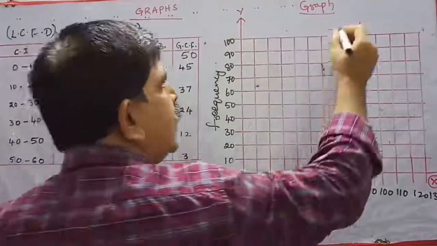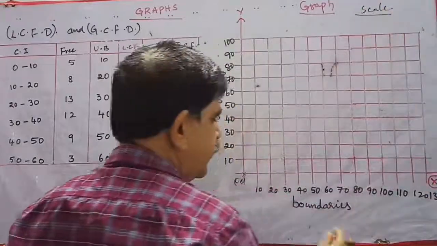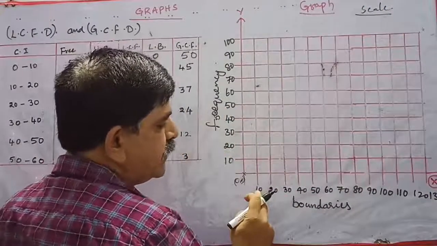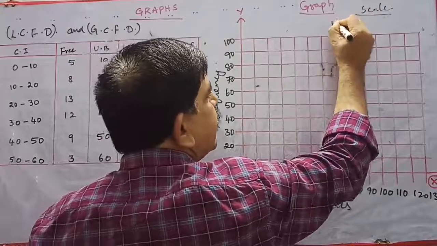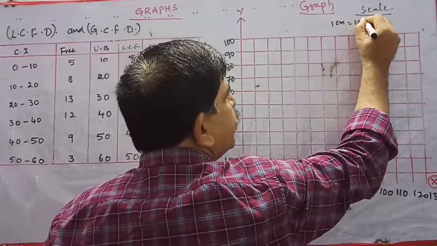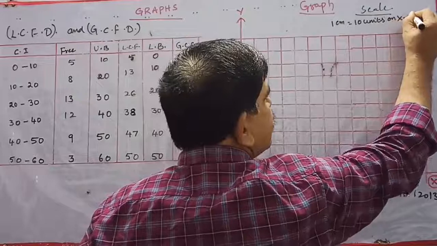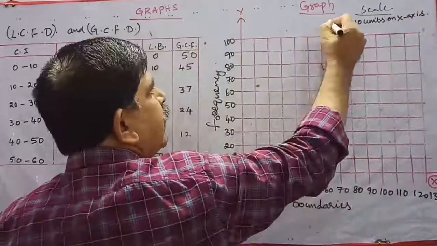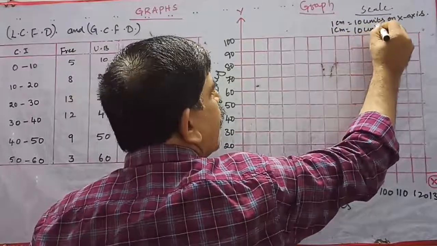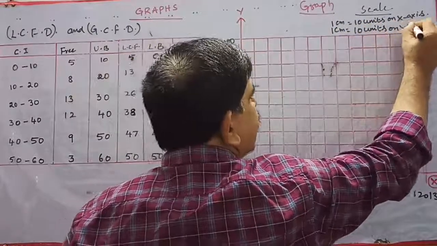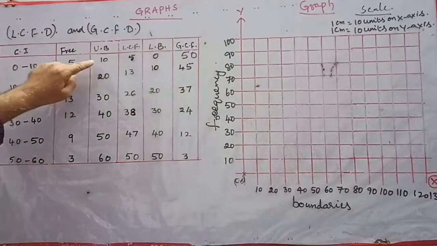Now you write the scale. 1 centimeter is equal to 10 units on the x-axis, and 1 centimeter is equal to 10 units on the y-axis.